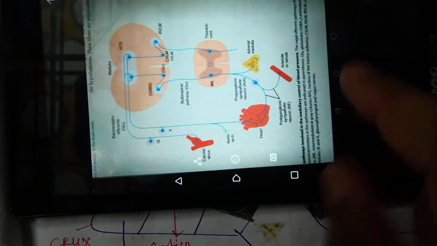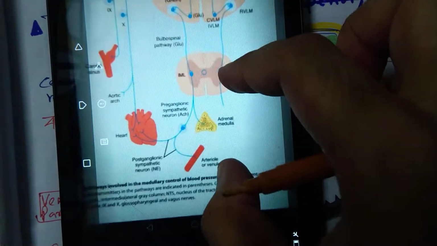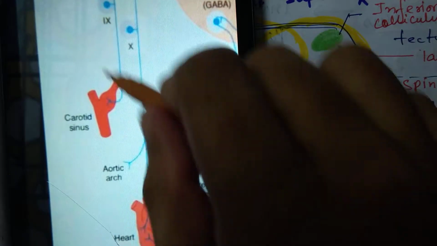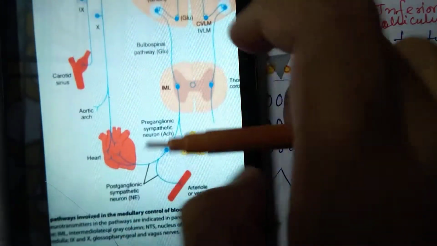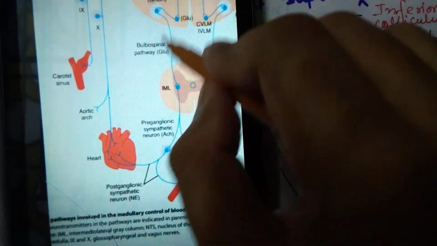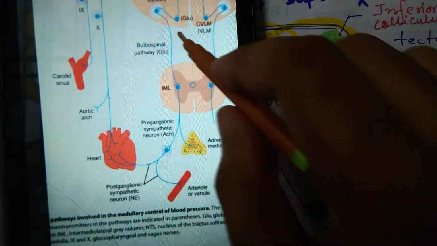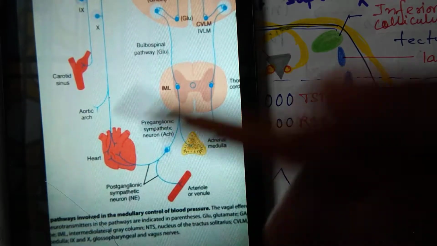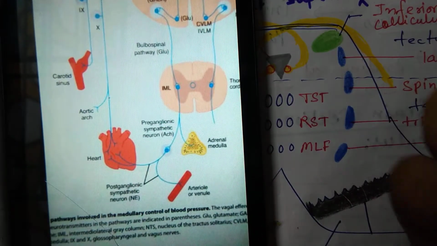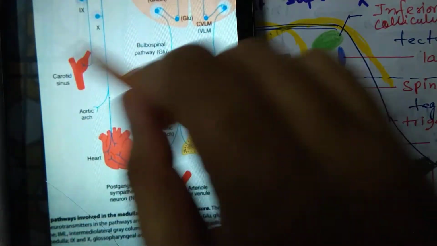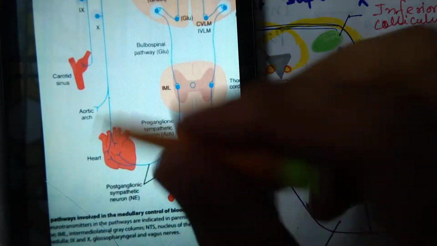Look, the pressure inside the carotid sinus increases and the stretch sensitive receptors, baroreceptors, are activated, and then it ultimately inhibits our rostral ventrolateral medulla, RVLM, and then the whole sympathetic outflow or thoracolumbar outflow is also inhibited, causing what? Reduced blood pressure. So massage of the carotid sinus reduces our blood pressure.